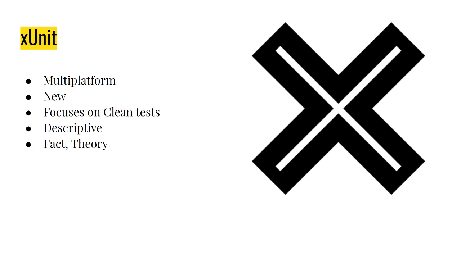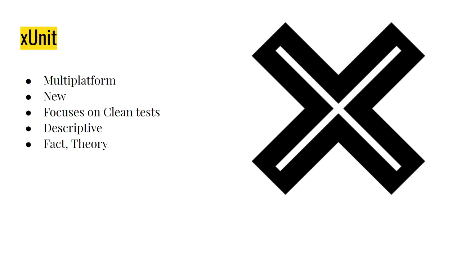You have facts and theories, and it really doesn't like the verbosity of other kinds of tests. In all other frameworks, in order to test, you'll have to put a test class or test fixture attribute above your test class, just to run it. And with XUnit, you don't have to do that. All you have to do is to mark your methods as facts or theories, and that's all.